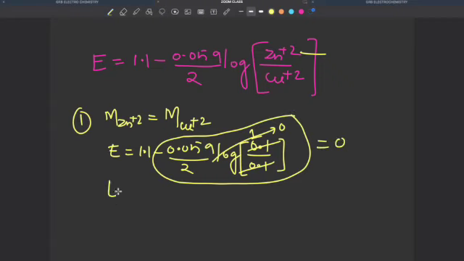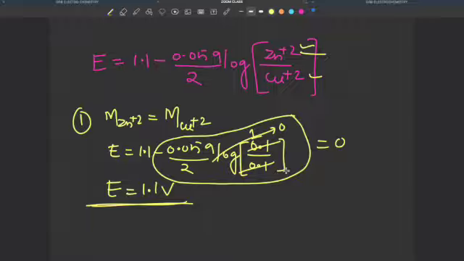That means E of cell equals 1.1 volts. This is case 1, when the concentrations of zinc and copper are equal. Do you understand the logic here?